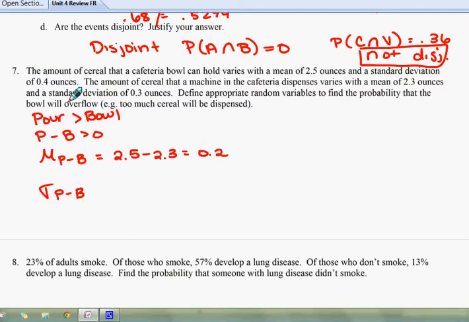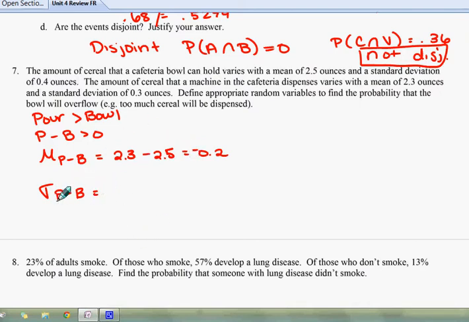I'm sorry, it overflows when the pour is greater than the bowl, and so I've got these two backwards. Sorry, I knew there was something wrong. So 0.3 and 0.5, so it gives me a negative value.